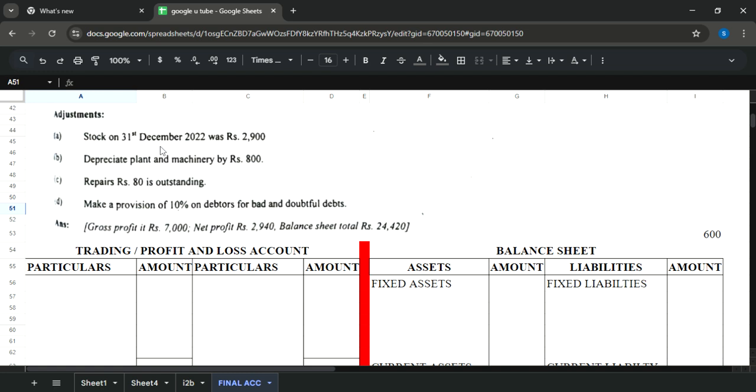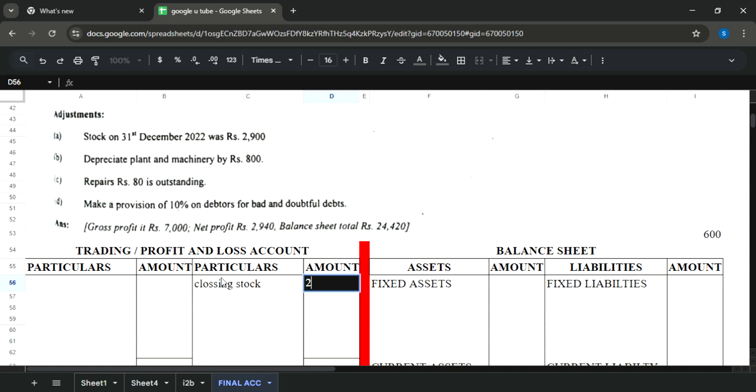First adjustment A, closing stock. Why am I calling it a closing stock? Because 31st December 22 and stock is given outside of the trial balance. So any stock which is outside of the trial balance is normally a closing stock. 2900, since it's in an adjustment, it would have two effects.